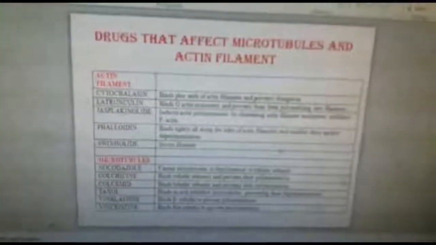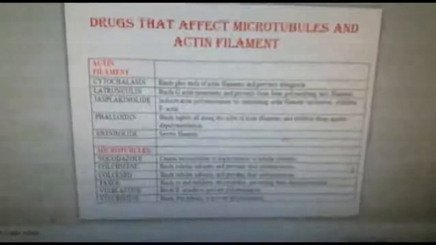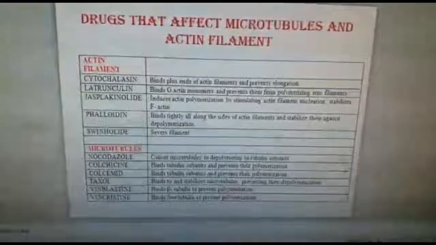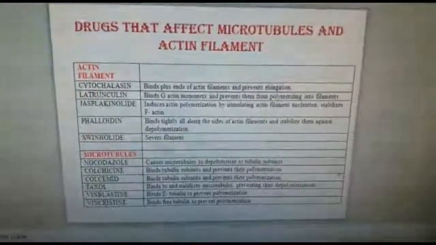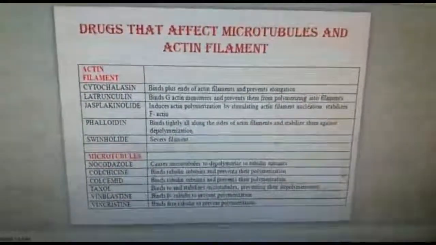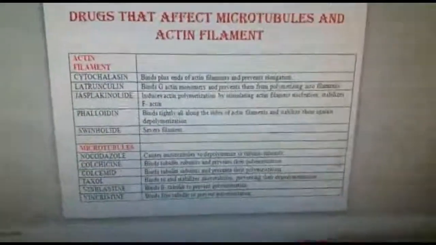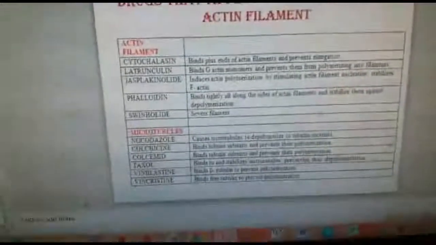Here I have just depicted in a tabular form the different drugs which are acting on the actin filaments as well as the drugs which are targeting the microtubules. You can find that I have discussed the way these drugs affect the functioning of the actin filament and the microtubules.